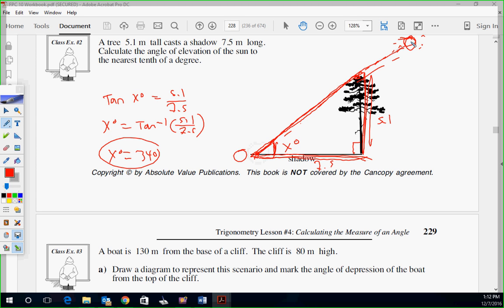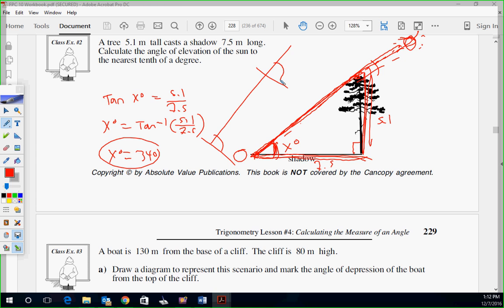It's this angle and this angle is the same. So if you're asking is it from the tree or from the ground, it's actually the same, because the sun's coming down, that angle and that angle are the same. If I cut here and I cut here, these two angles are the same. It doesn't matter, because the tree's straight up, your ground's straight.